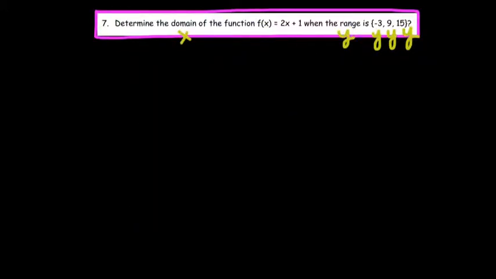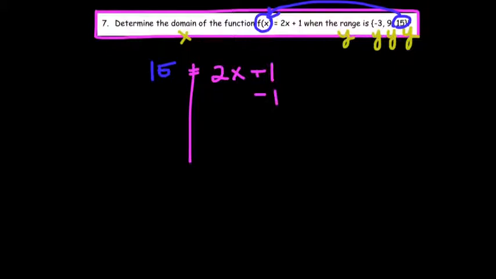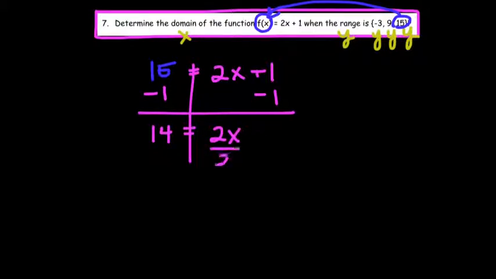Okay, the last number I'm going to be plugging in for the f(x), or the y, is that 15. So we're going to say 15 = 2x + 1. And again, we're going to subtract the 1 first. So 15 minus 1 is 14. 14 = 2x. And then to solve, I'm going to divide both sides by 2. So this gives me 7 = x here.